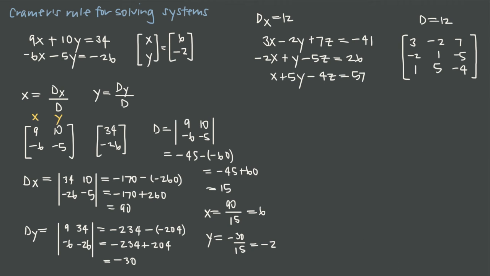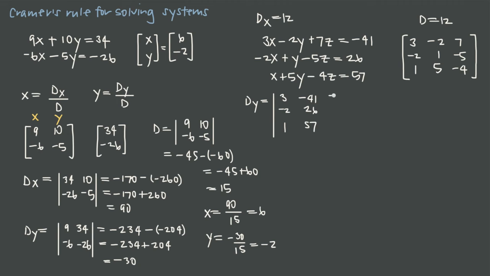And then for y here, we'll get Dy is, this time we'll replace the second column with the answer column matrix, since the second column represents the coefficients on y. So we'll get the determinant here, 3, -2, 1. And then this time, -41, 26, 57.